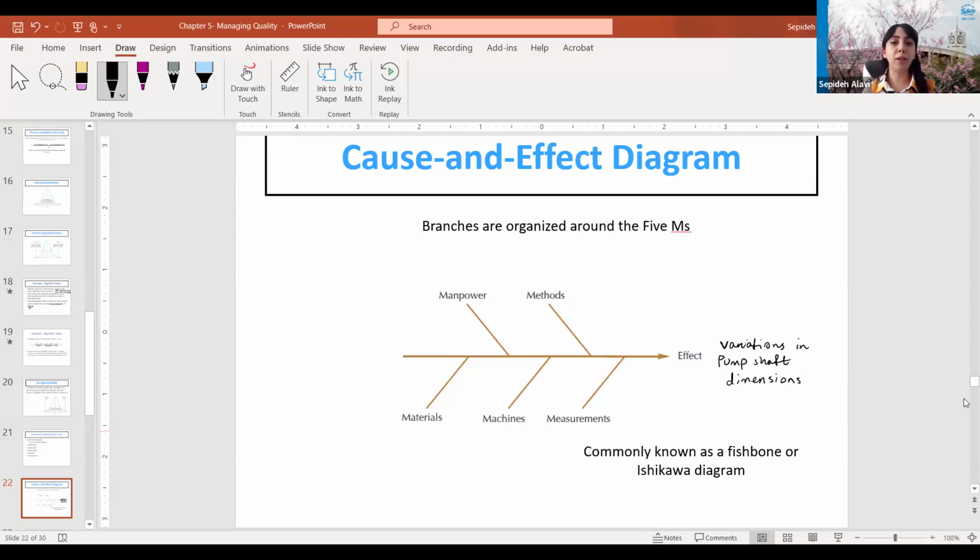Then they can think about the causes. One cause could be related to the methods. They have complex processes. They have complex product designs. So I would add a branch to it.